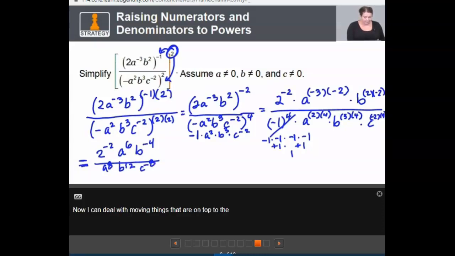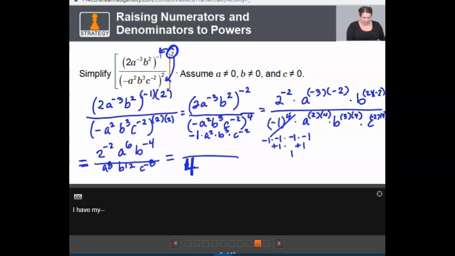Now I can deal with moving things that are on top to the bottom and bottom to the top. So I'm going to move this 2 to the negative 2 to the bottom. Well, I'm just going to write that as a 4, right? 2 squared is 4, but the negative tells me to put it on the bottom.